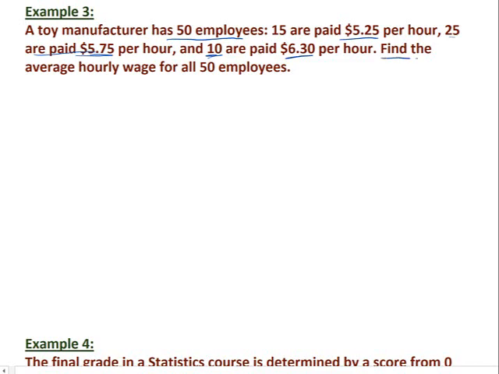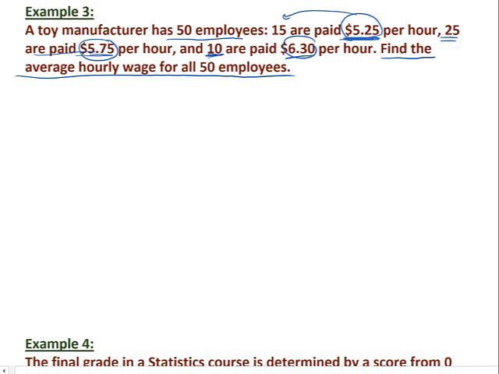We need to find the average wage for all 50 employees. So you see here the weight for each payment: 5.25 is paid to 15 employees, this is paid to 25 employees, and this value is paid to 10 employees.